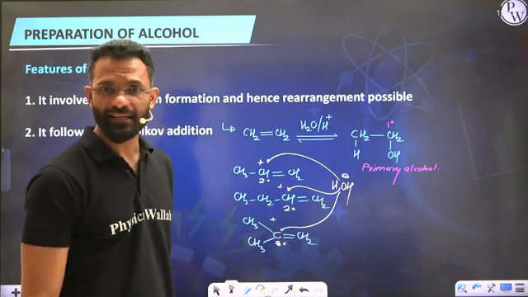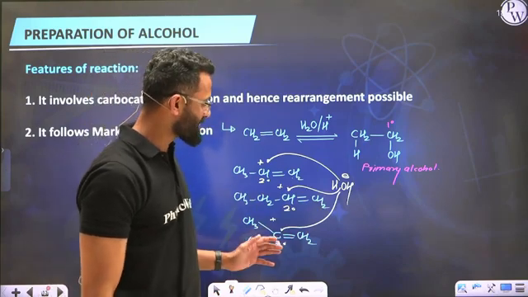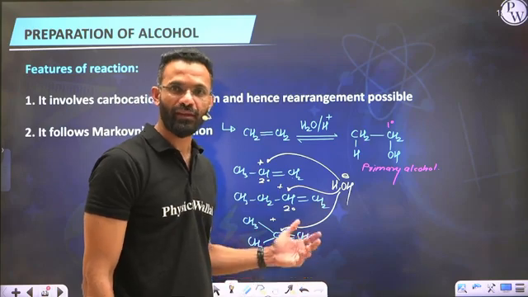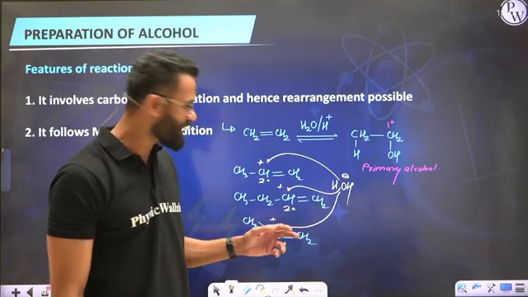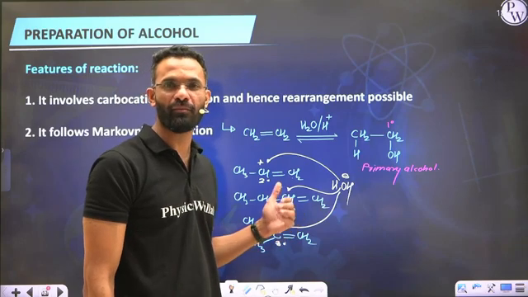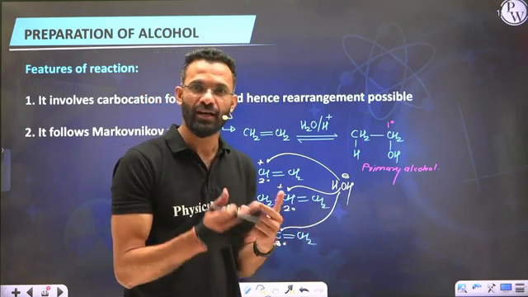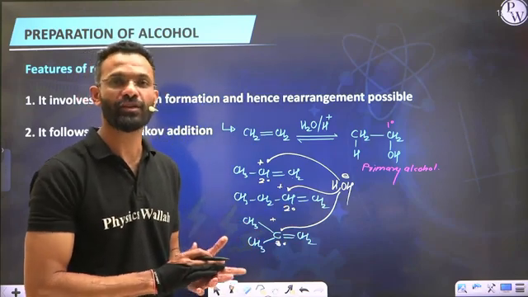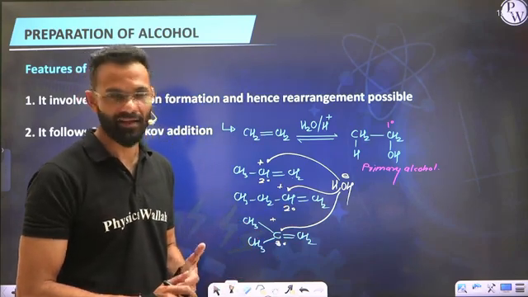What does that indicate? In none of these cases can I ever get a primary alcohol. Because if you have any non-terminal carbon atom in an alkene, that is always going to form a more stable carbocation. So the attack of OH will always take place at that substituted, non-terminal carbon atom.